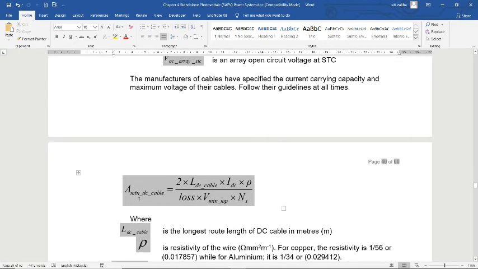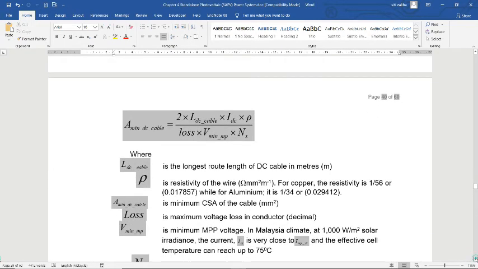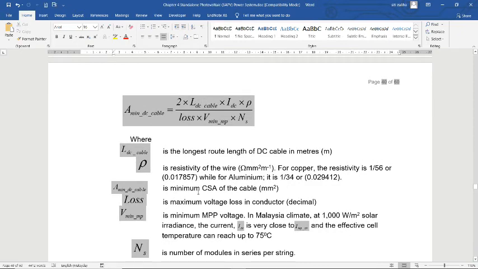So this is the size of the cable, A, the minimum DC cable area. A is the size or cross-sectional area of the cable in square millimeter, equals 2 times L DC cable.